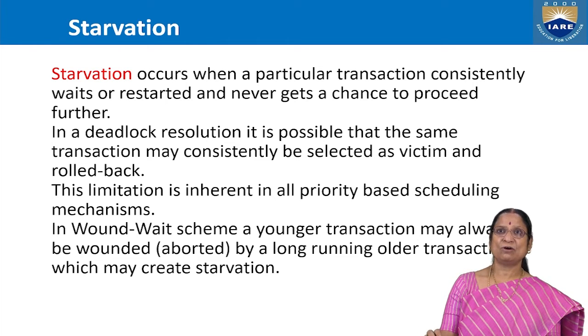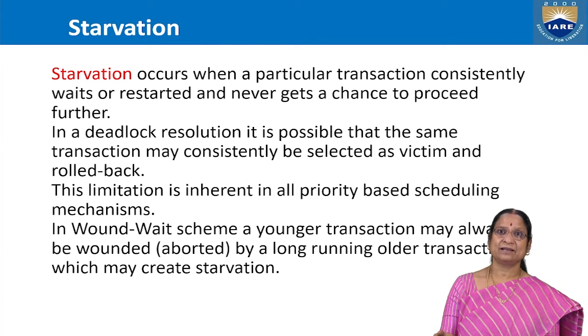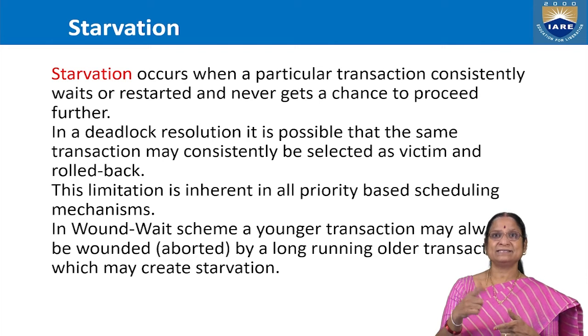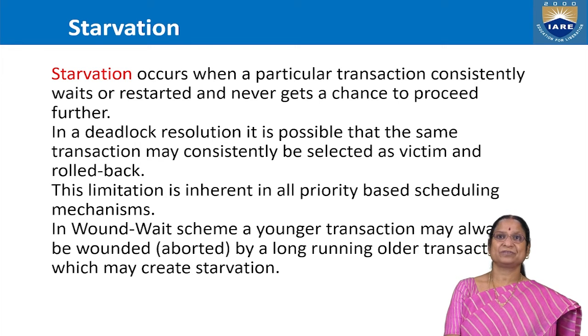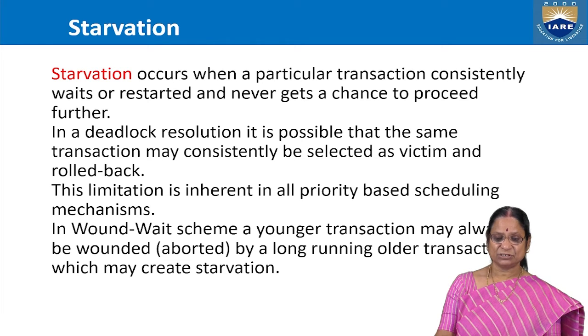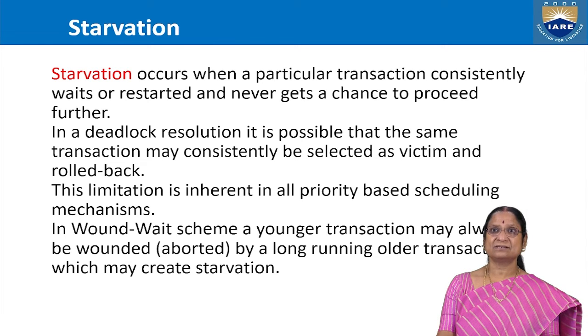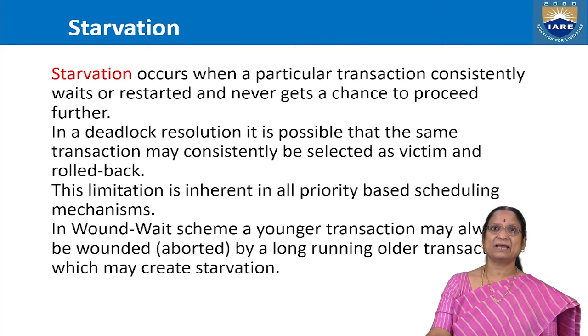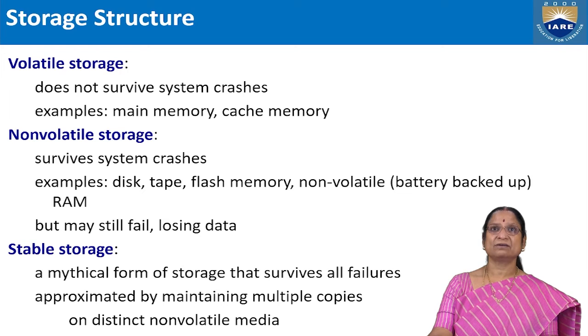A transaction may enter the process and wait consistently, get rolled back, start again, and get rolled back again. That means it never gets a chance to complete, so we call that situation starvation. In deadlock resolution, sometimes transactions become victims and keep getting rolled back continuously. They are in starvation.